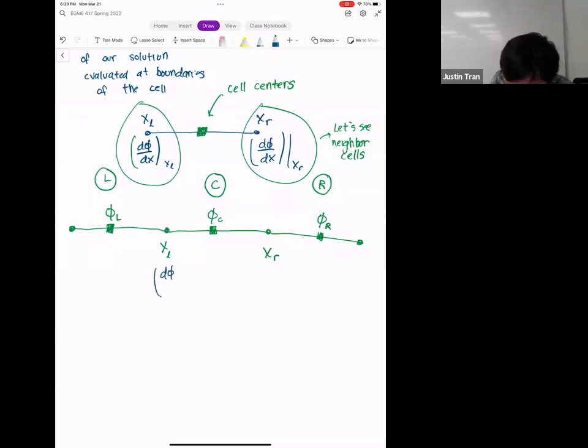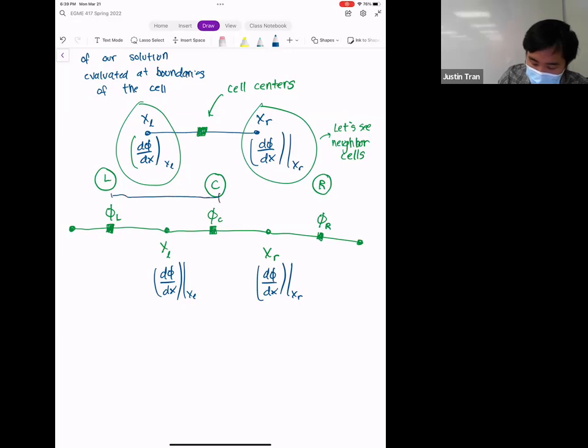The quantities that we want to compute are d phi dx at xl and d phi dx at xr. Let me note this too: the distance between the cell centers is going to be delta x, and it's delta x on both sides.